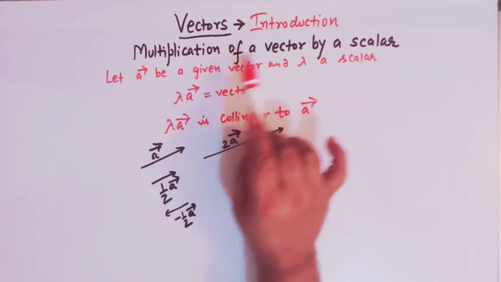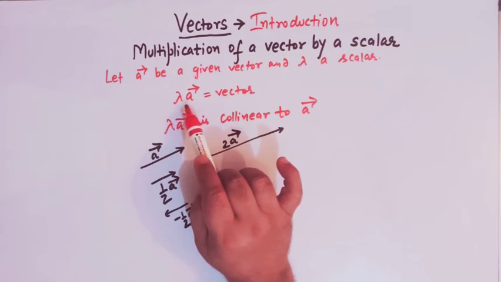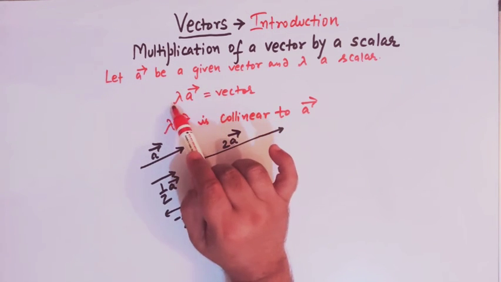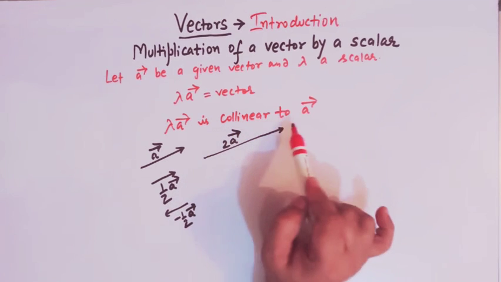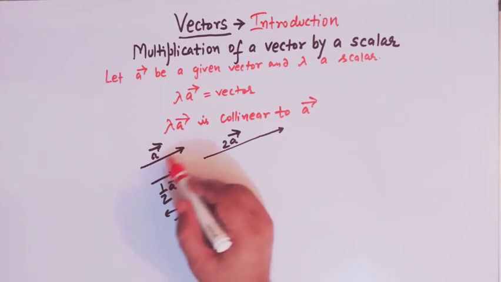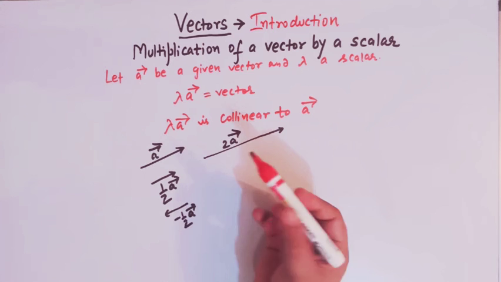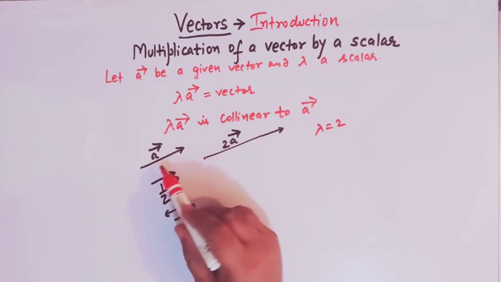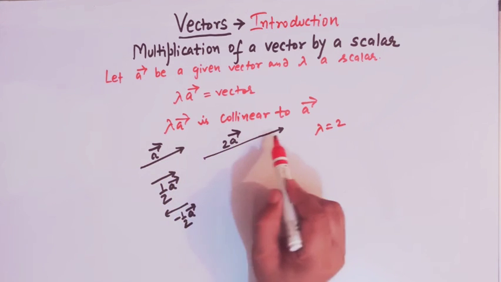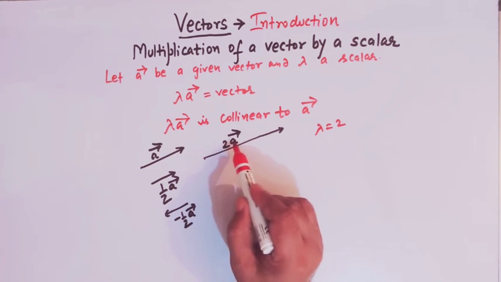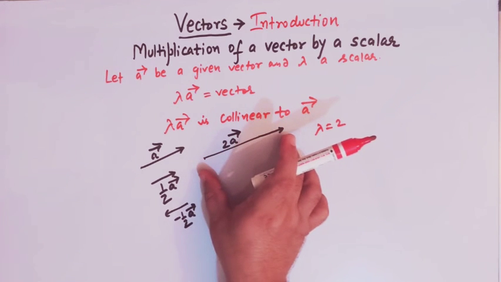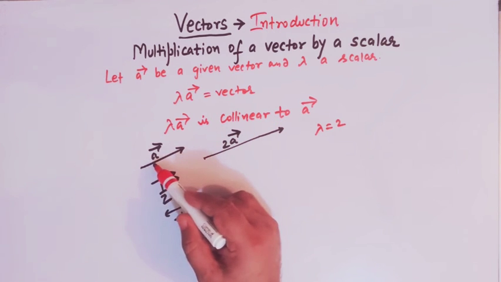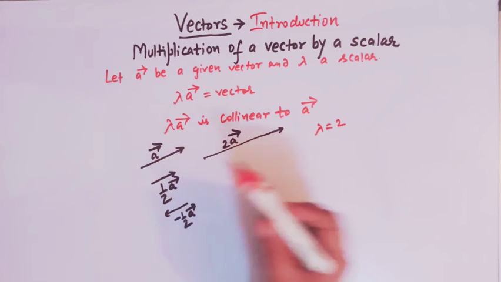Then the product of the vector and the scalar lambda is denoted by lambda times vector A, and lambda times vector A is collinear to vector A. Now here we have a vector A, and if the value of lambda is 2, then see the vector 2 times vector A is shown here, and obviously the length of this vector is 2 times the length of the vector A, right?